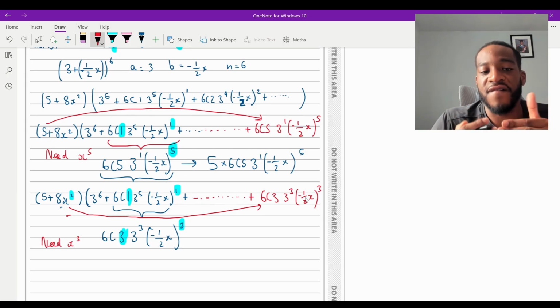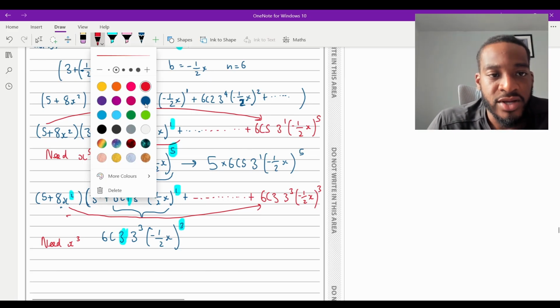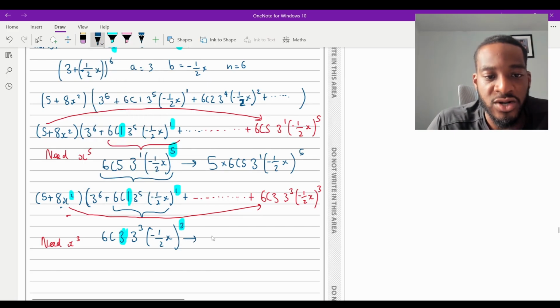So that's going to give me x to the power of 5. So therefore, I can say that it's just going to be ax squared times by 6c3, and then 3 cubed, and then minus a half x to the power of 3.